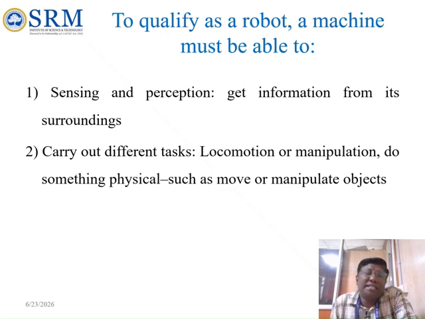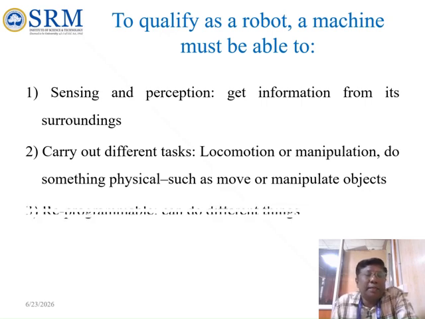So after sensing, it has to do some work. In an industrial robot, we have to identify whether the object is there or not. Once it identifies the object, it has to go to the required location and carry out the desired operation.